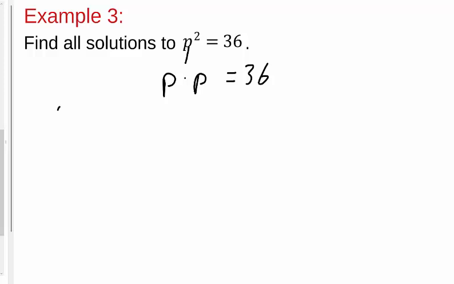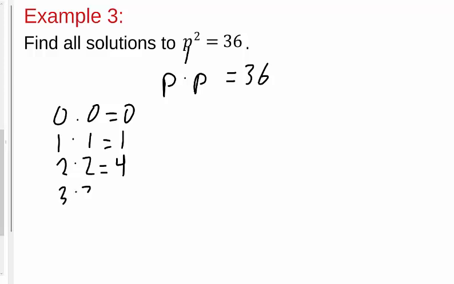Okay. 0 times 0 is 0. 1 times 1 is 1. 2 times 2 is 4. 3 times 3 is 9. 4 times 4 is 16. 5 times 5 is 25.